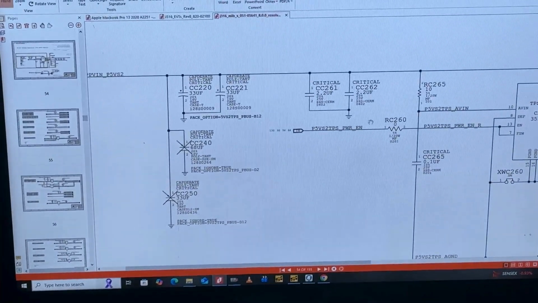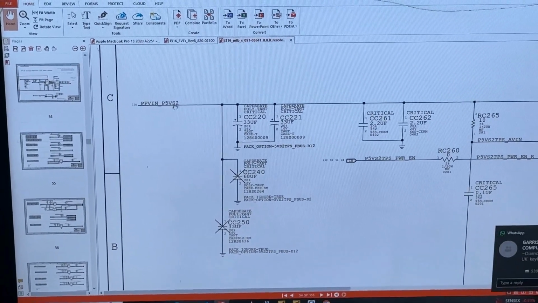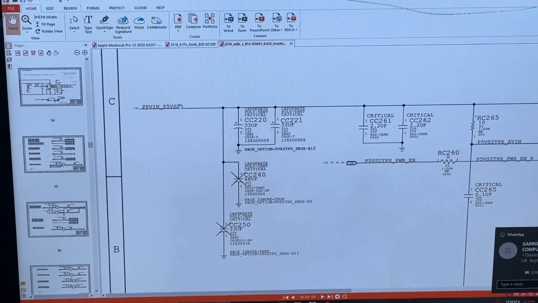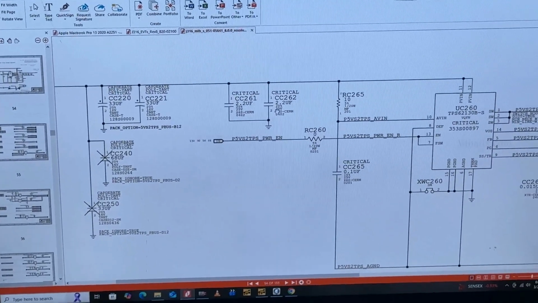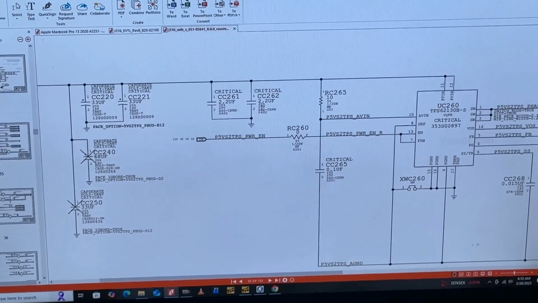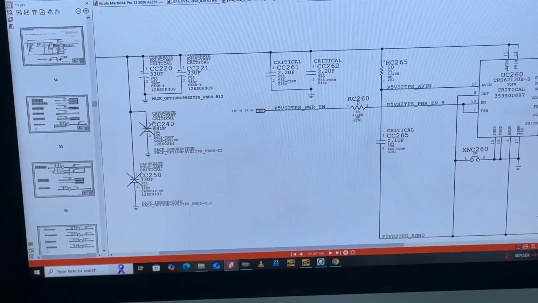We discovered the PPV in PS5X5 voltage X2 is present, which is 12 volts. From here you'll see 25 volts, but it should be 12 volts, which is the PPV in on the chip.